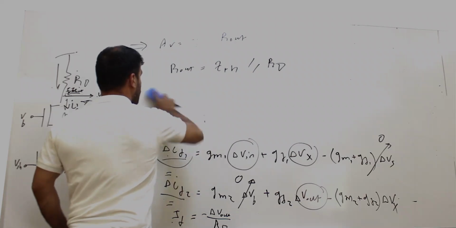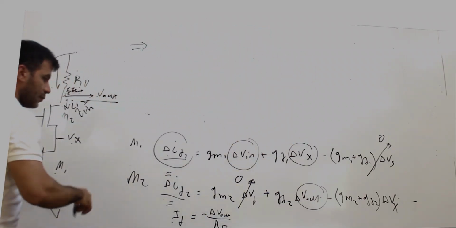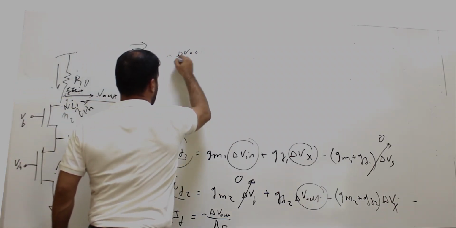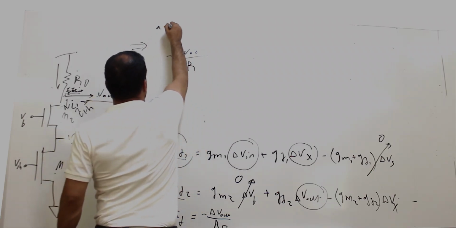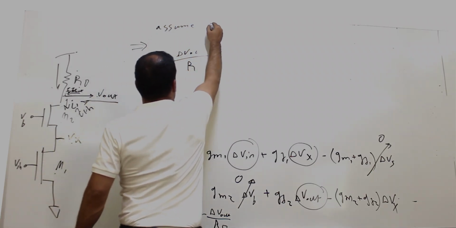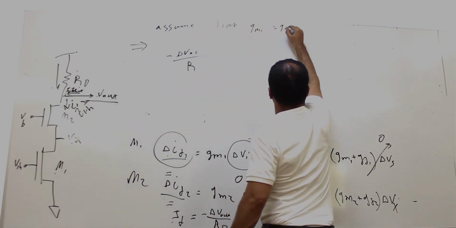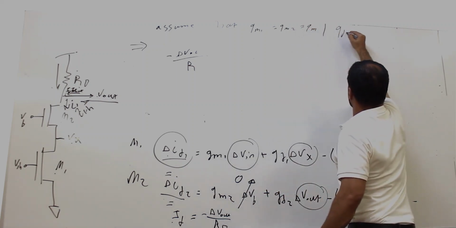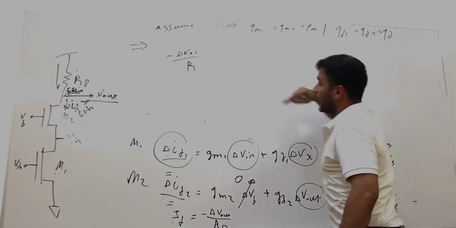Now, to solve this equation, minus delta V output over RD, and now assume that GM1 equals GM2 equals GM, GD1 equals GD2 equals GD. Okay?